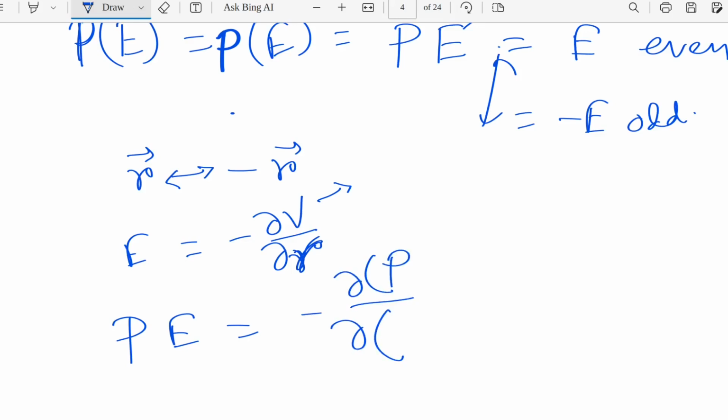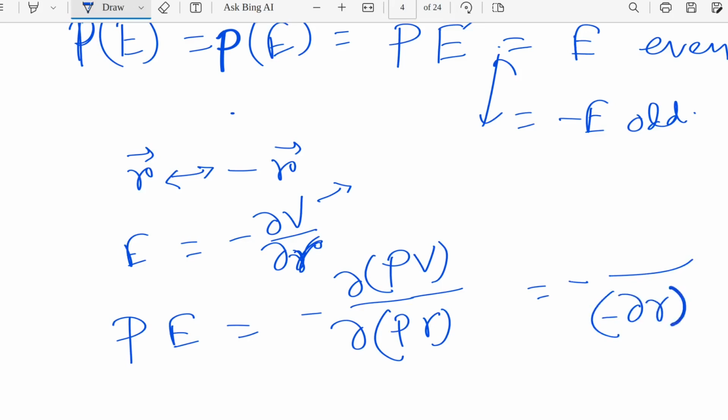P will operate on V, and P will also operate on R. As I told you, R goes to minus R in the presence of parity, so in the denominator it will be minus del R. But V will not change its sign under parity, so it will remain del V itself.